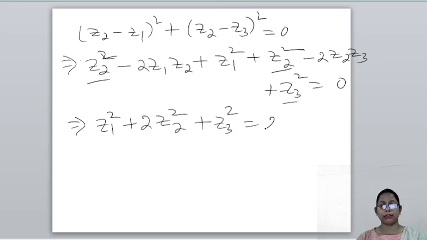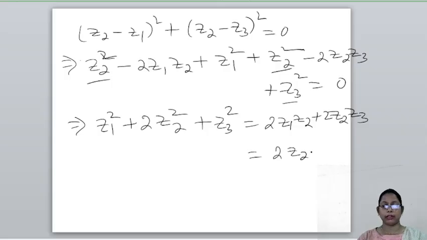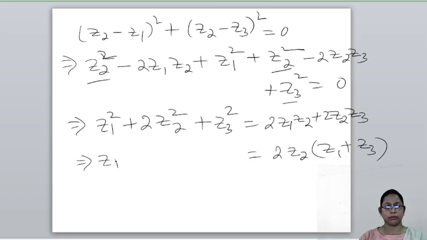Bring this to the right hand side: Z1 square plus 2Z2 square plus Z3 square equals 2Z1Z2 plus 2Z2Z3. Taking 2Z2 common from the right hand side, this is 2Z2 within brackets Z1 plus Z3. Hence proved.